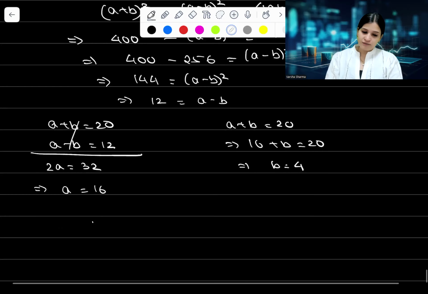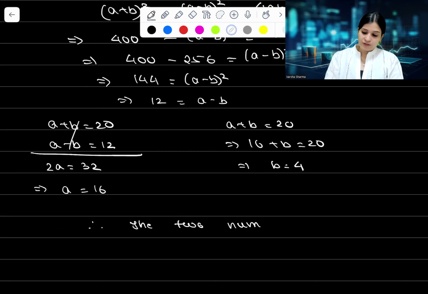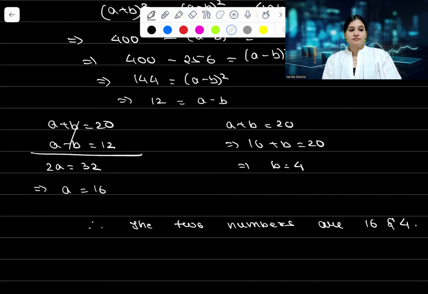Therefore, the two numbers are 16 and 4. Yes, done. There are three sums here.